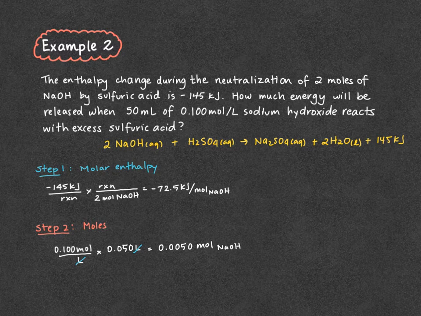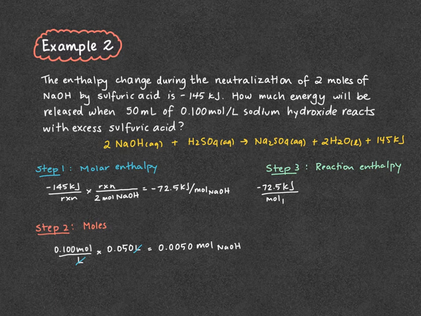So now that we know how many moles are reacting, and we know the enthalpy per mole, we're able to do step 3, which is solving for the reaction enthalpy. We're going to take our molar enthalpy, which is 72.5 kilojoules per mole of NaOH, multiply it by the number of moles of NaOH that are actually reacting, and that's going to give us our overall enthalpy for this reaction, which is 0.3625.